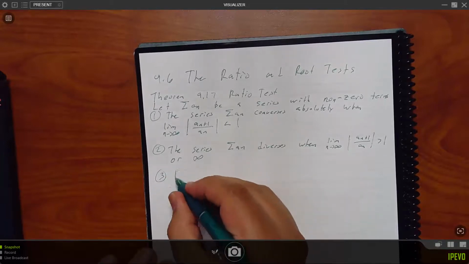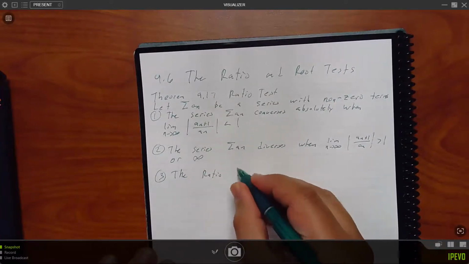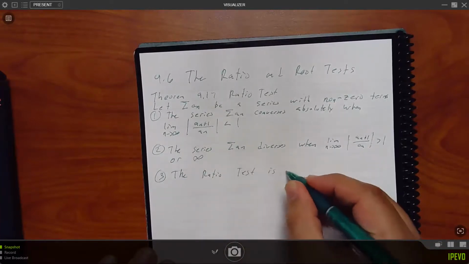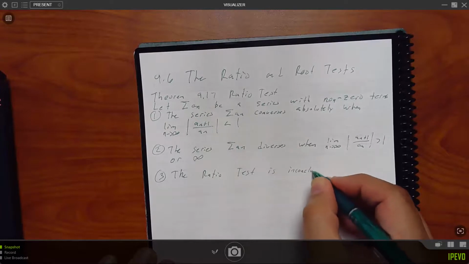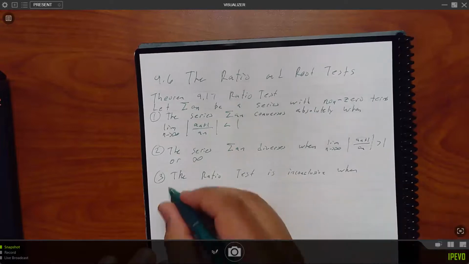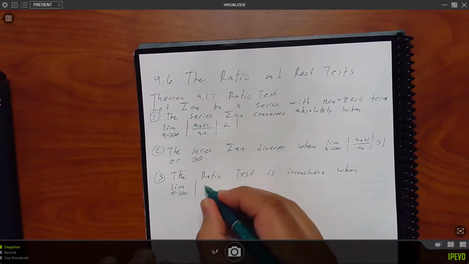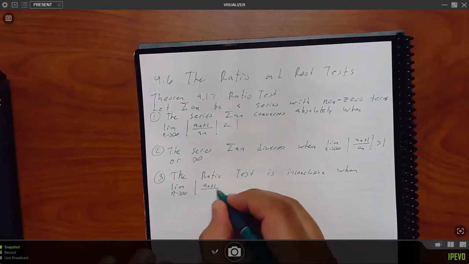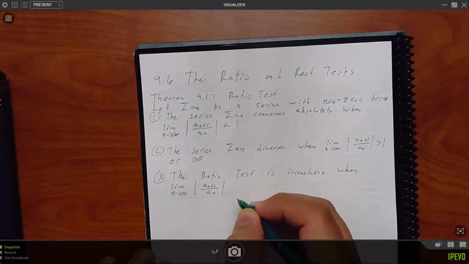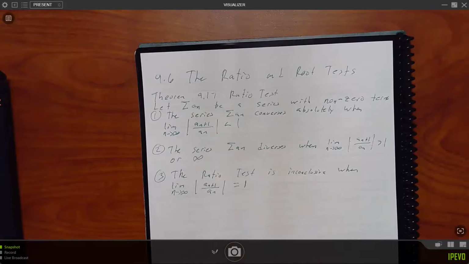Number 3. The ratio test is inconclusive, meaning you have to use a different test, when the limit as n goes to infinity of a sub n plus 1 over a sub n is equal to 1. So if it's exactly 1, then this test doesn't work.